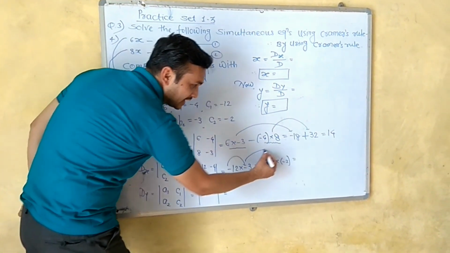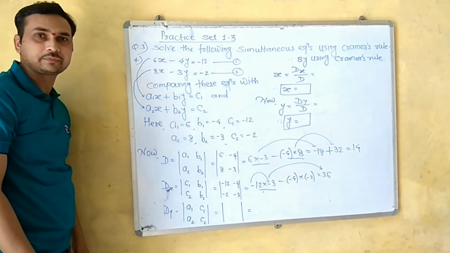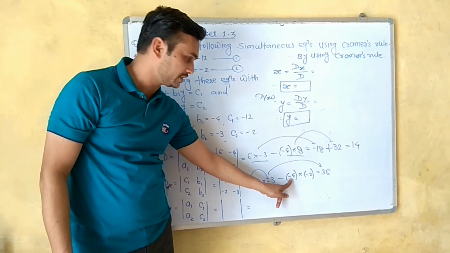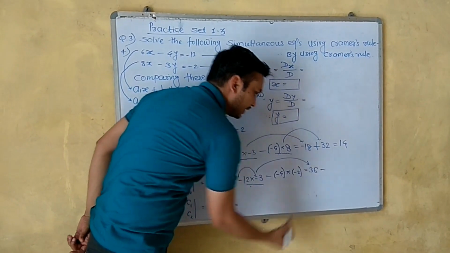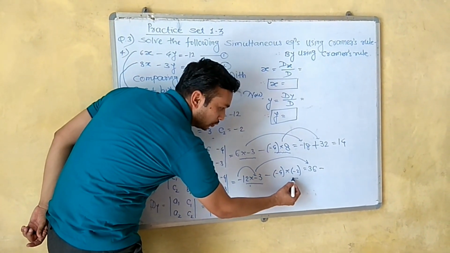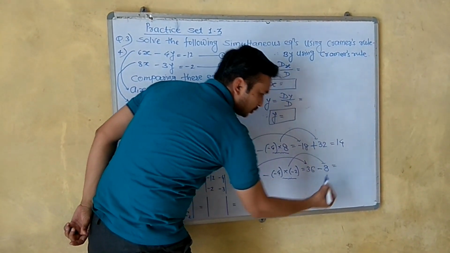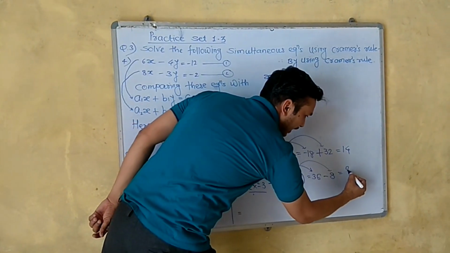So 12 threes are 36. So plus 36. Minus into minus plus, plus into minus minus. 4 into 2, that is 8. So 36 minus 8 is 28.